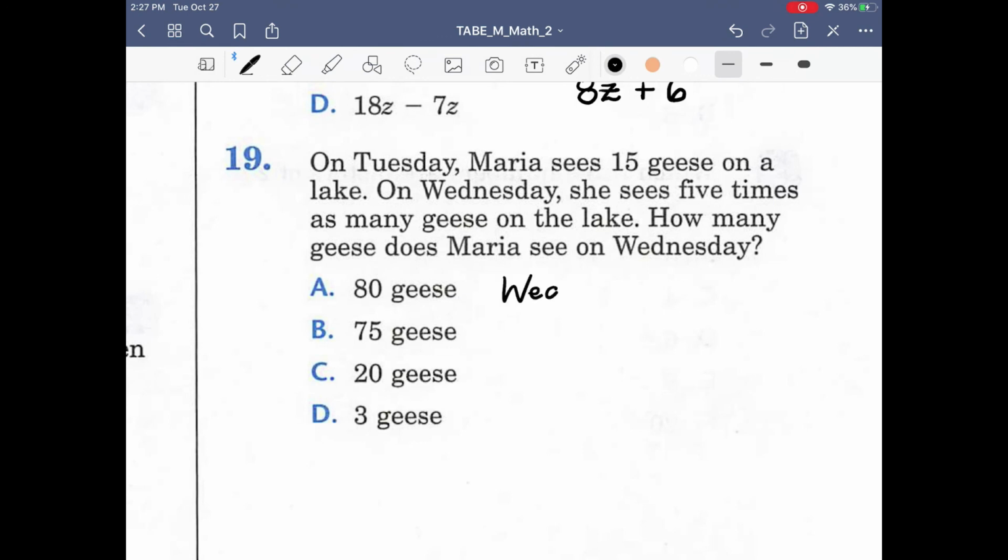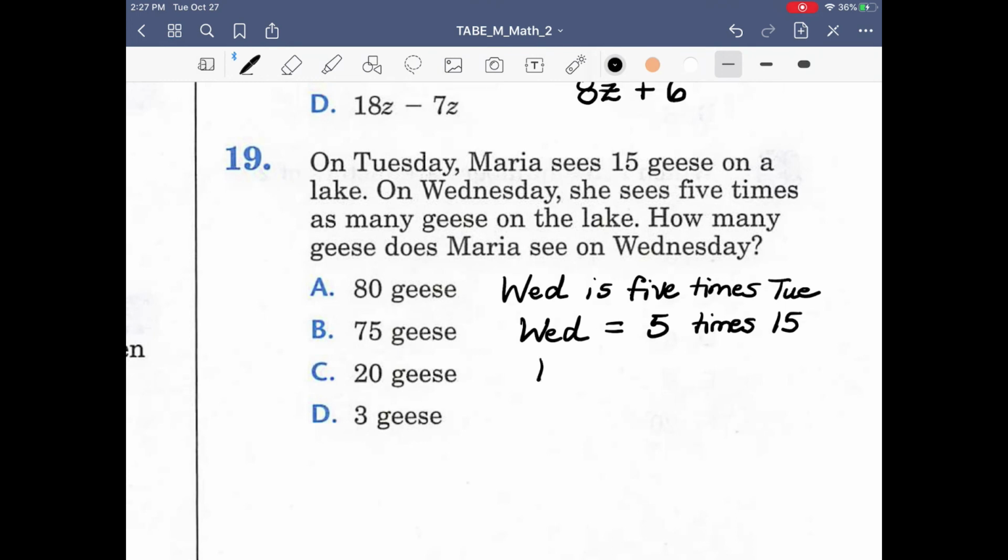So they tell me that Wednesday is 5 times Tuesday. And Tuesday was 15. So on your calculator, do 5 times 15. And that means on Wednesday, she saw 75 geese.